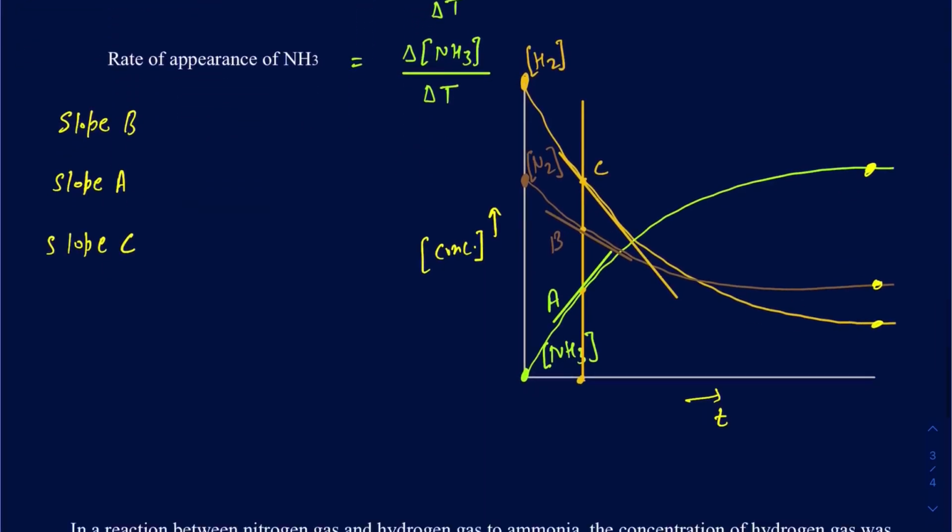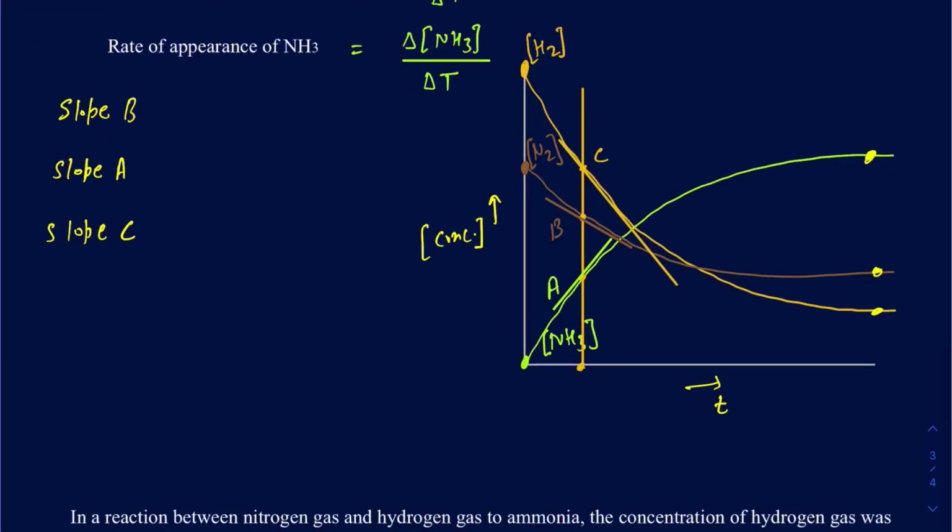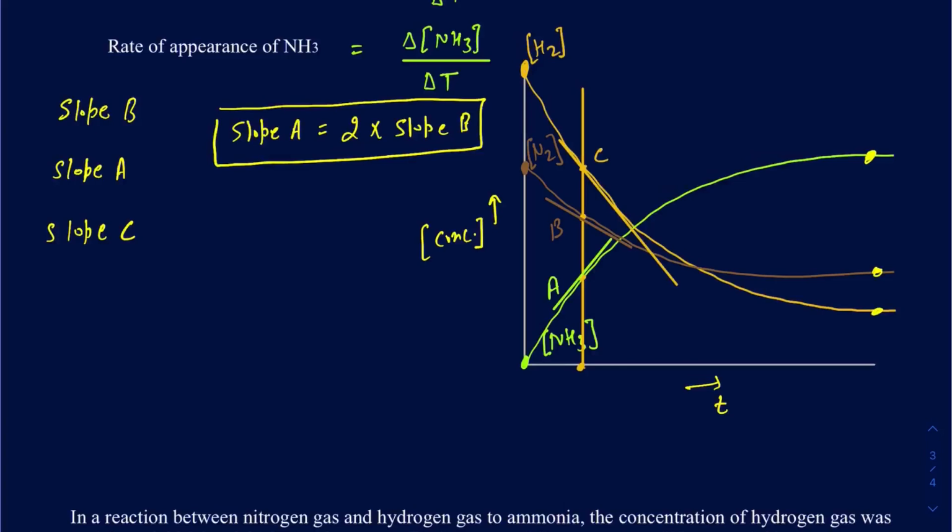So I can say the slope of A is actually going to be equal to 2 times the slope of B, because just like we said, the formation of ammonia is going to be twice the loss of N2 at a given time.